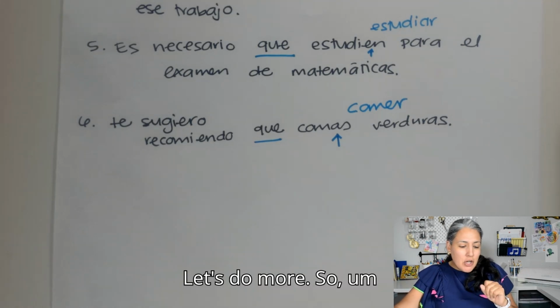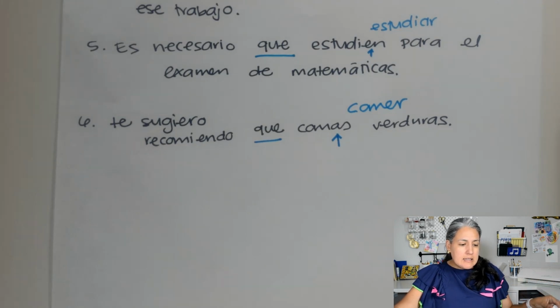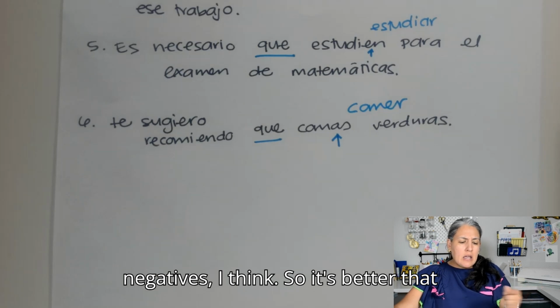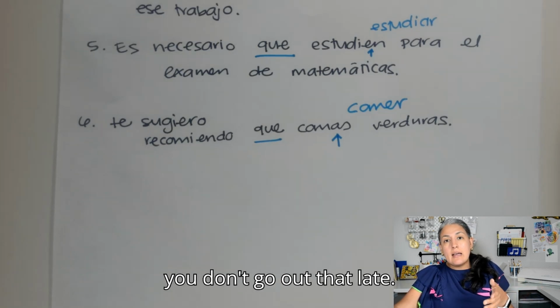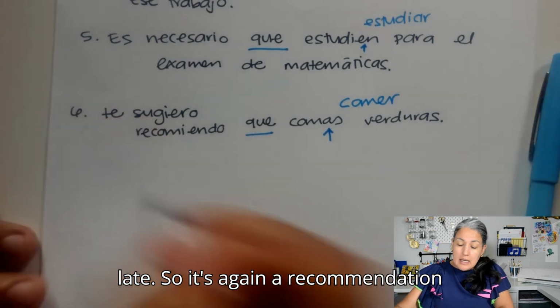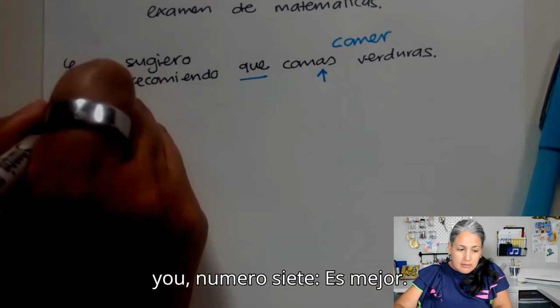Let's do more. So, I have one more, like, when it's a negative. We haven't done any negatives, I think. So it's better that you don't go out that late. So it's, again, a recommendation or something that's better for you. Número 7.